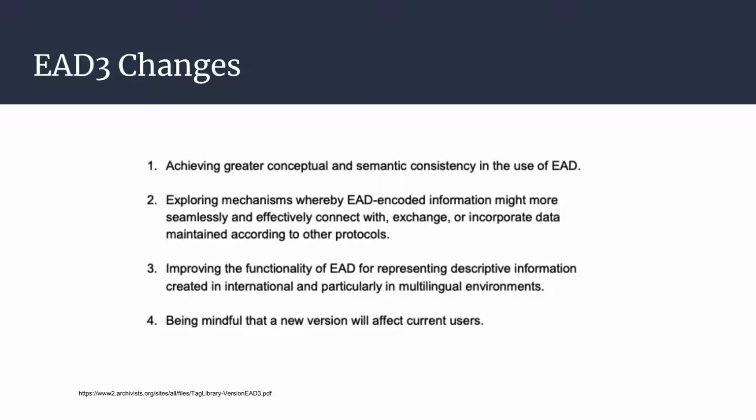Exploring mechanisms whereby EAD encoded information might more seamlessly and effectively connect with, exchange, or incorporate data maintained according to other protocols. 3. Improving the functionality of EAD for representing descriptive information created in international and particularly in multilingual environments. 4. Being mindful that a new version will affect current users.